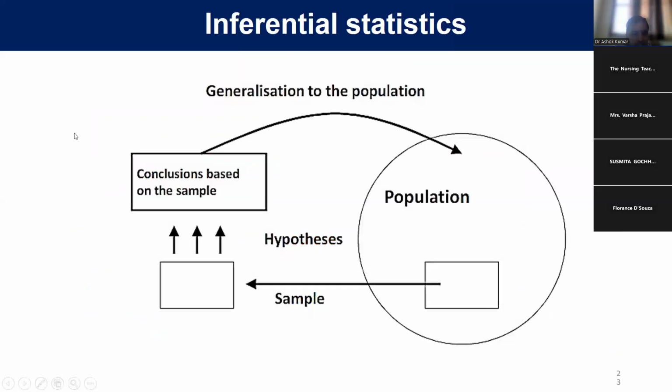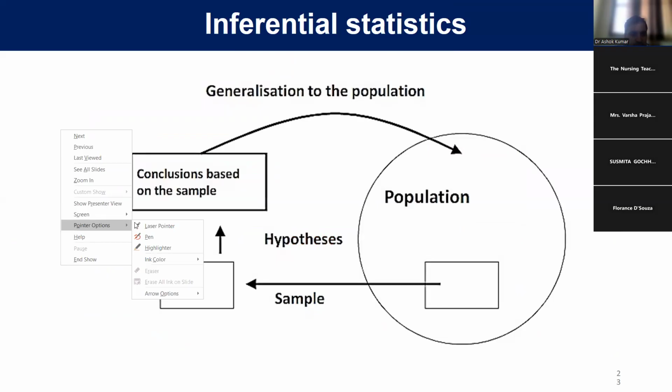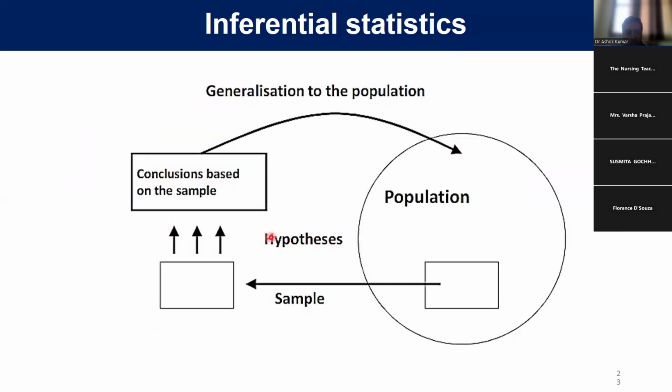Or inferential statistics, this is the population, and from the population, generally we choose one sample. Okay, a sample of 100 or 250 participants. And from this sample, using hypotheses, there is a significant difference, there is no significant difference, there is a null hypothesis, there is an alternate hypothesis.